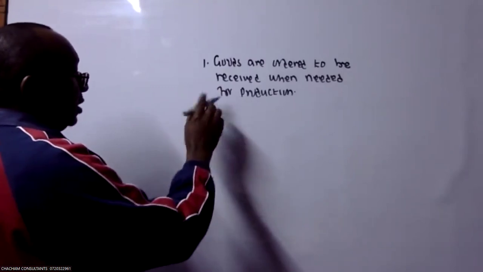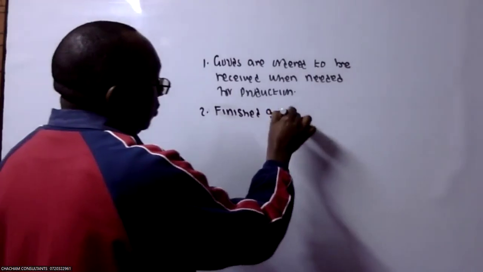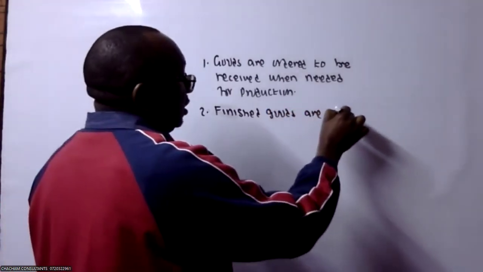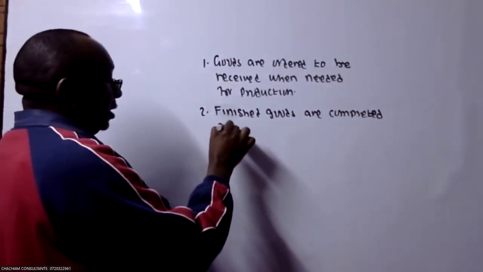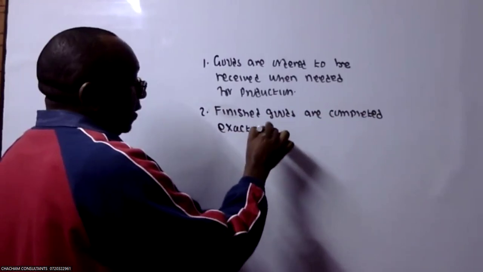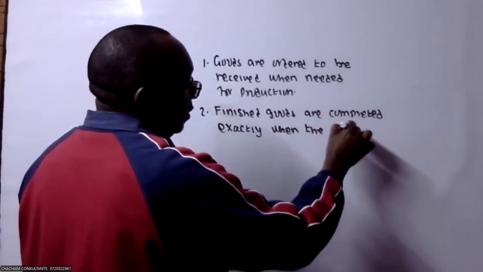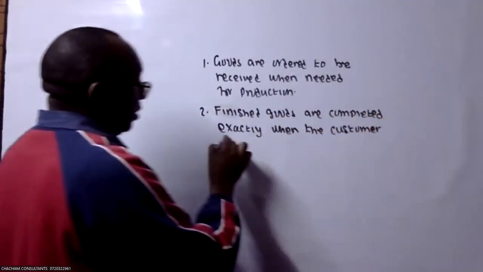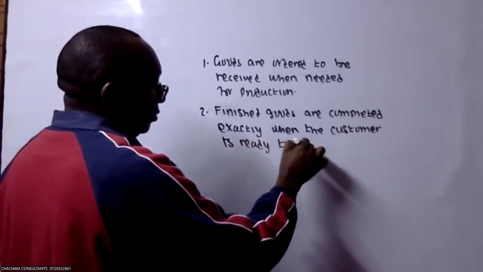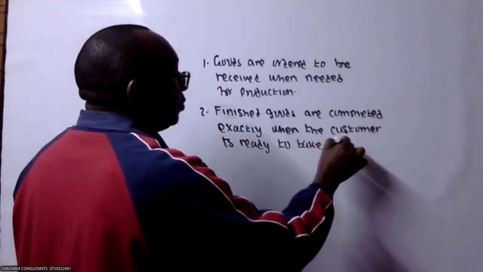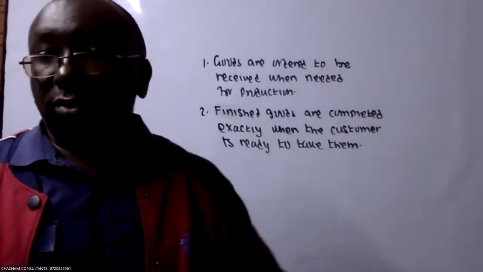Let me now change that and talk of finished goods are completed exactly when the customer is ready to pick them or to take them. Yeah. So the items that you produce.